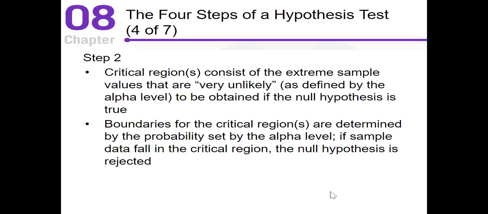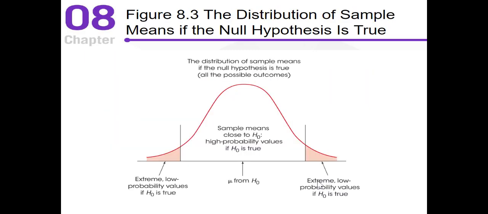Also in step 2, you've got critical regions that consist of extreme sample values that are very unlikely to be obtained if the null hypothesis is true. You've also got boundaries for the critical regions, which are determined by the probability set by the alpha level. If the sample data fall in the critical region, the null hypothesis is then rejected.